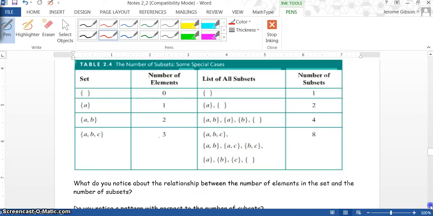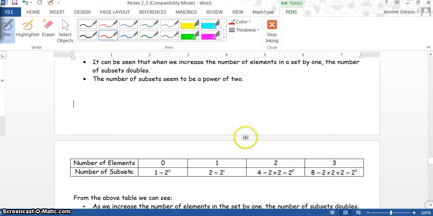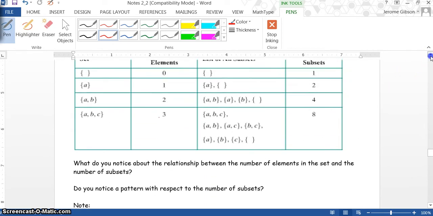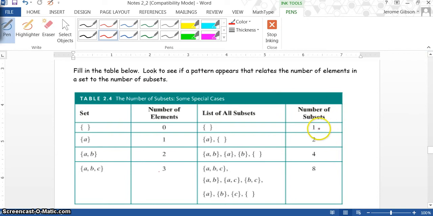Now, it says the number of subsets seems to be a power of 2. Now we come here, look at the number of subsets.